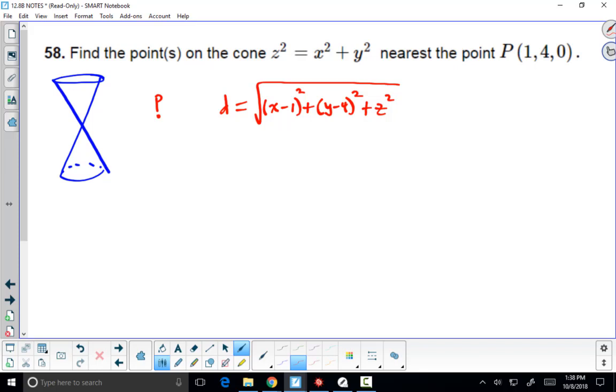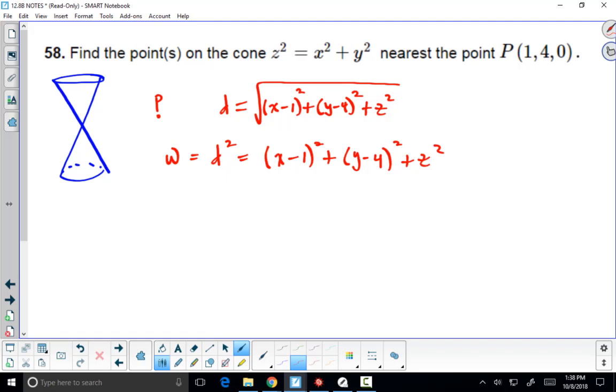Sounds terrible. But what we can do is square both sides, and here's the concept that I was alluding to that's super important. Let's call this function just something easier to manage, like w. Do you agree that function d and function w will have the same critical points? Yes.